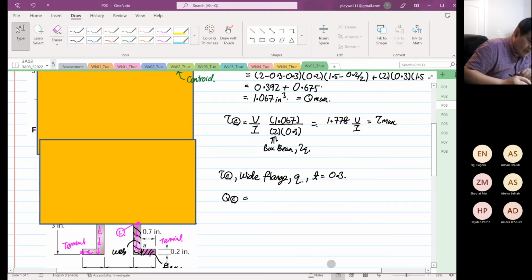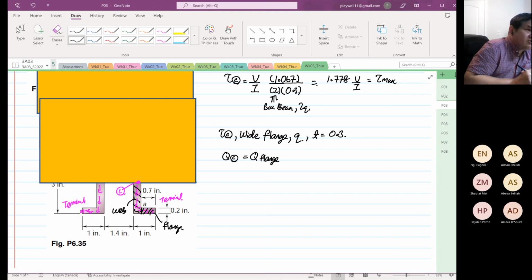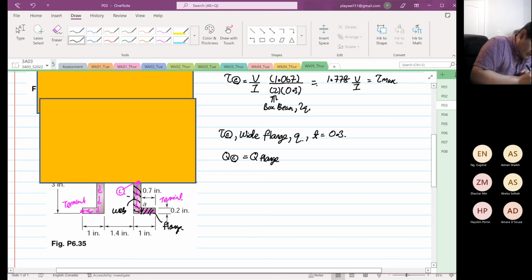So like before, Q of flange plus... Why is the thickness not 0.6? Okay, so Abika, the thickness is all relative to this size over here.